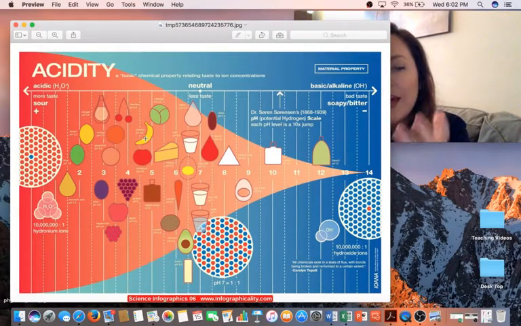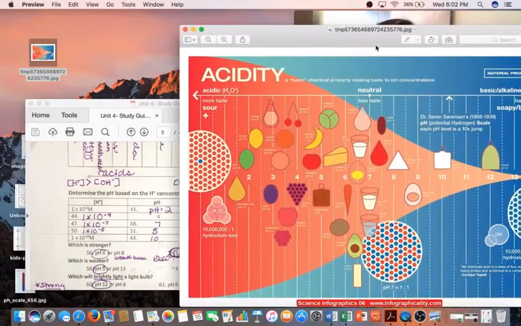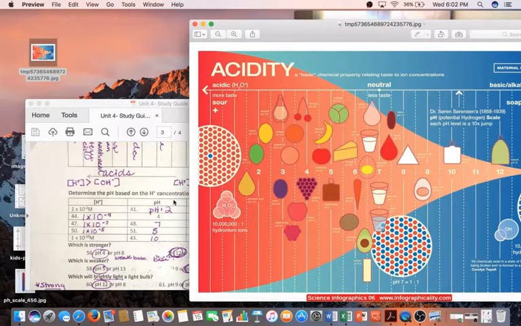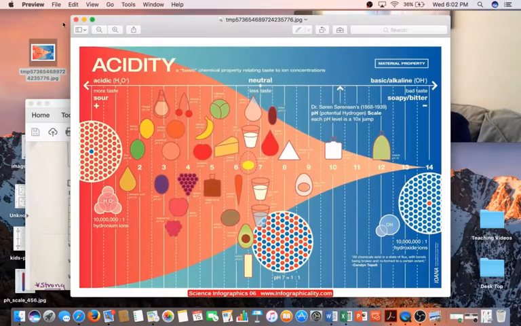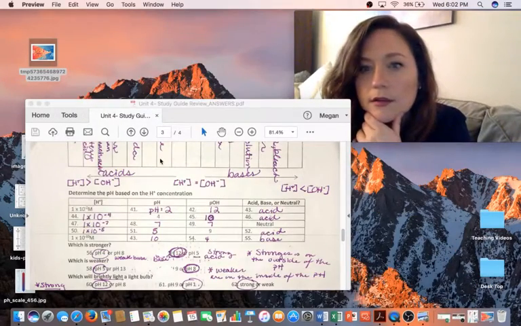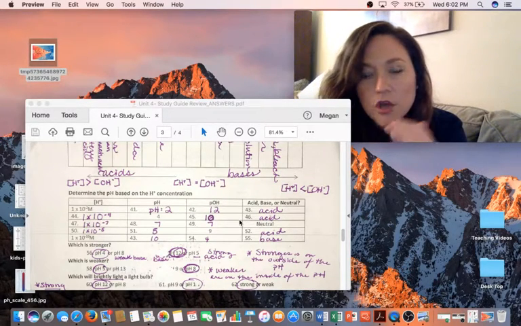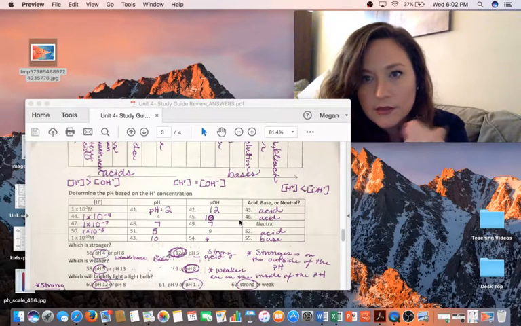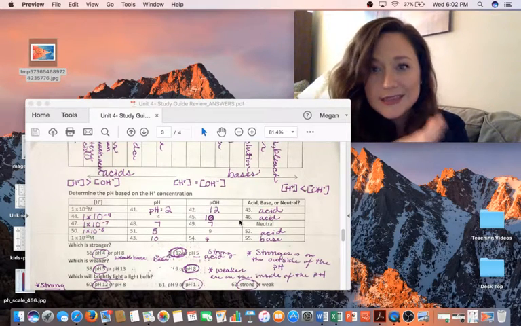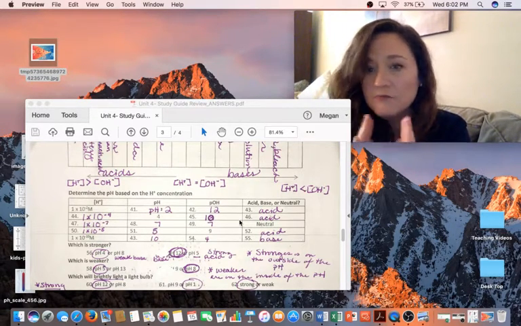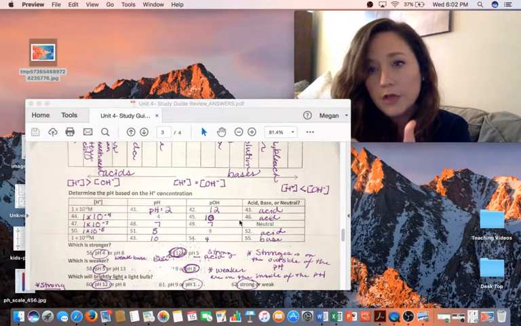So if I am at pH 2, that means my pOH is going to be the opposite of that. You just take 14 minus 2, which gives you 12. If you can add and subtract, you can do the math on this test. This is going to be an easy math test. Can you subtract? Yes. Beautiful. You're going to be golden.